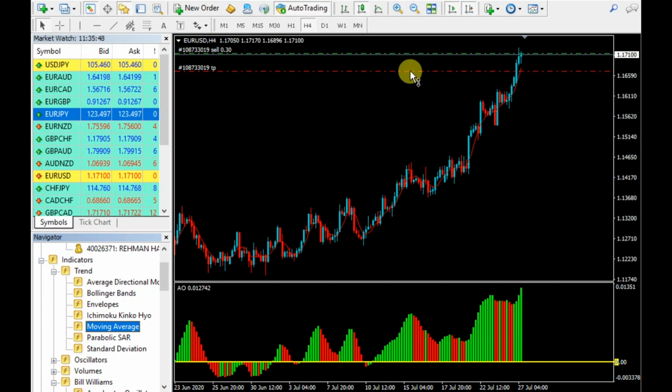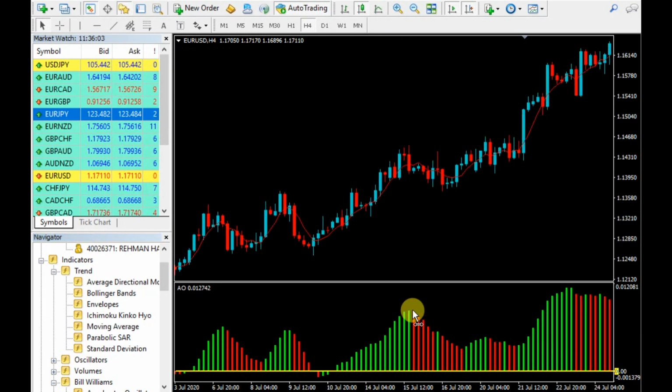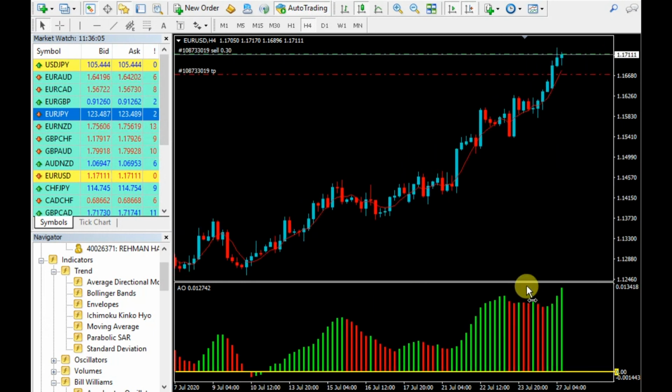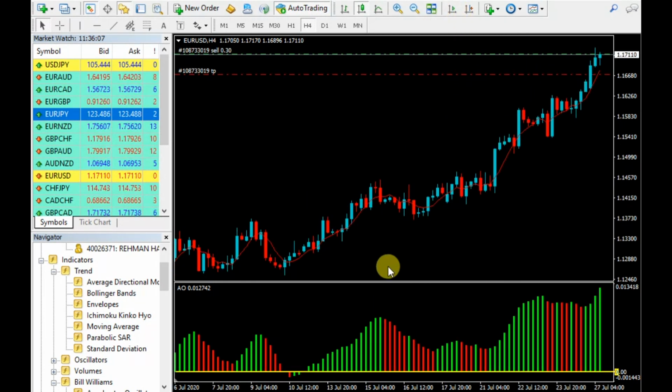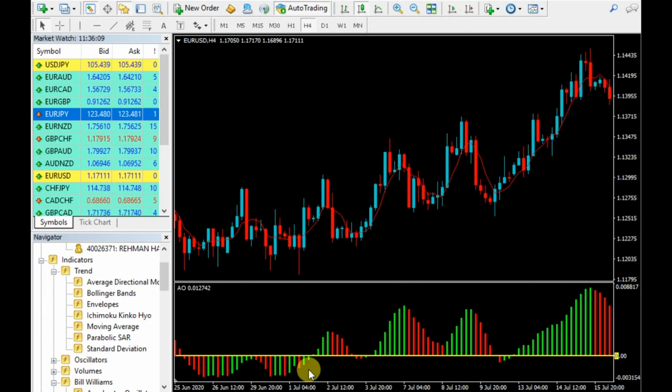And what they do is, whenever the market starts going up from 0, meaning when your market is below 0, let's say over here, this area, let me make it big so you guys can understand. Okay, so over here your market is below 0 now, and you get a first green bar over here.